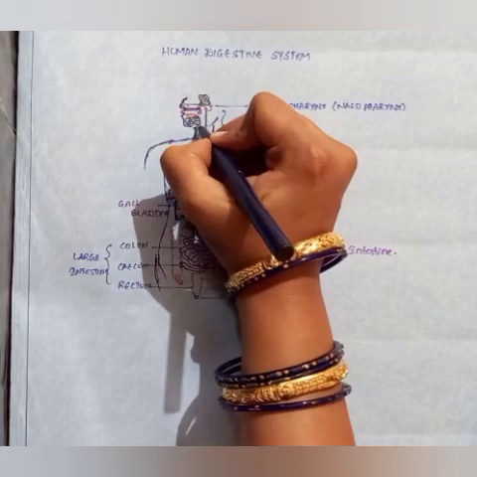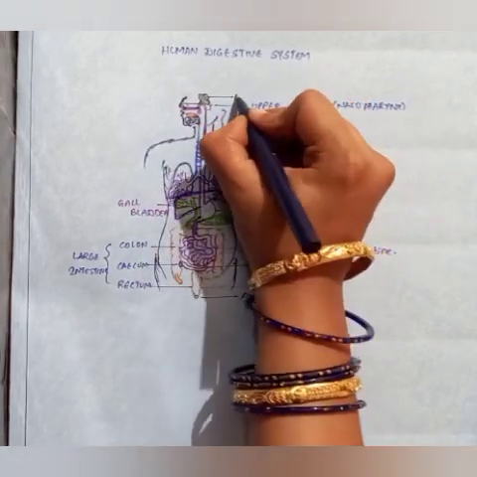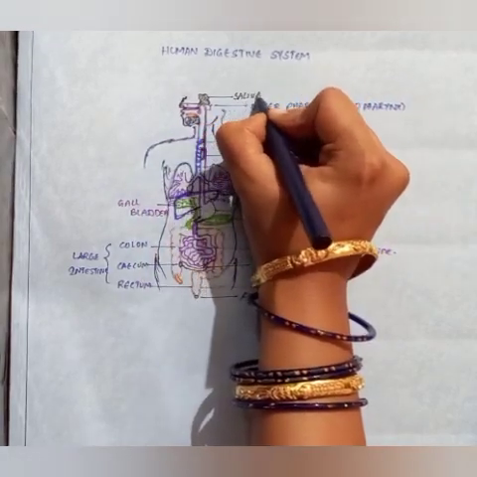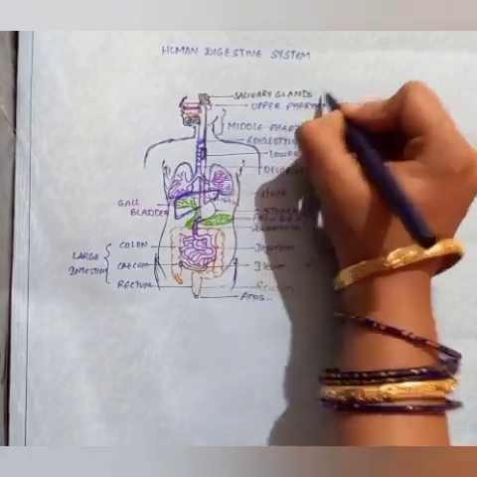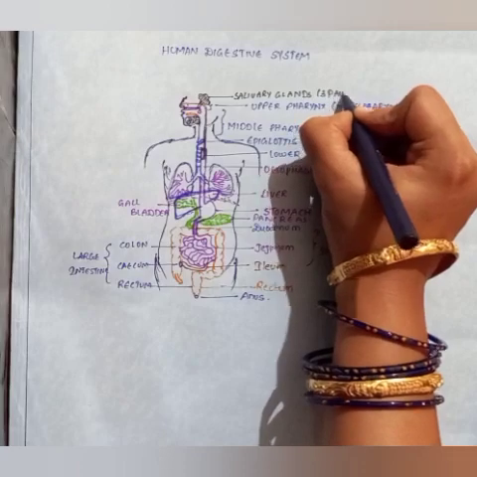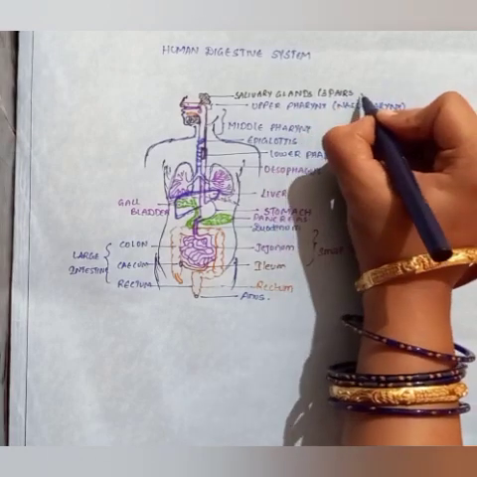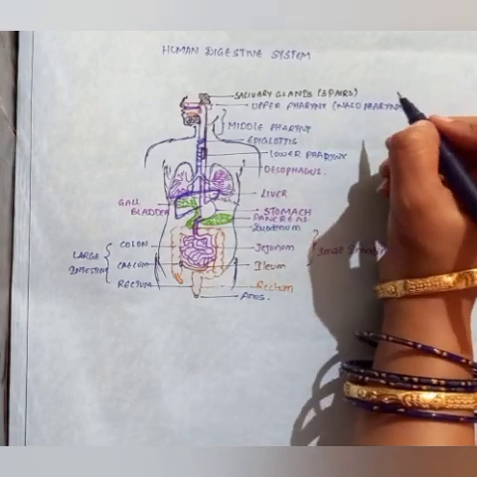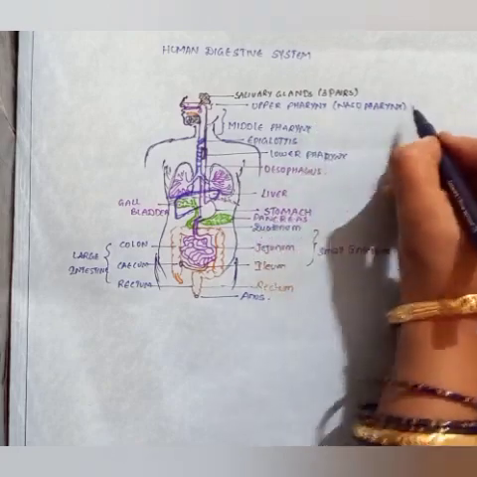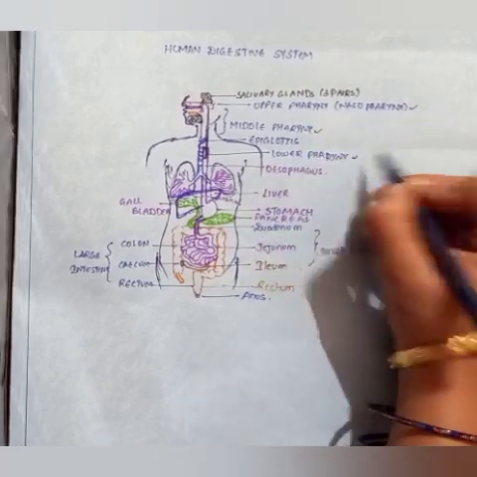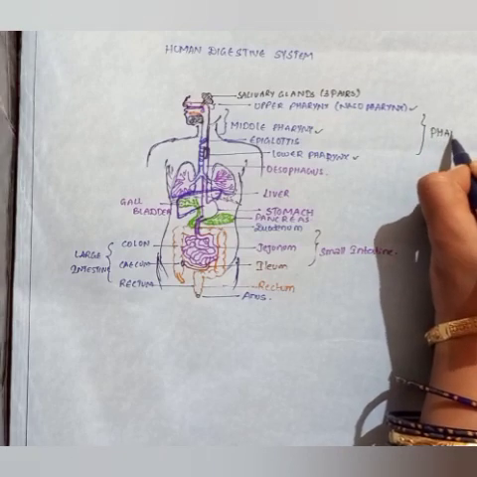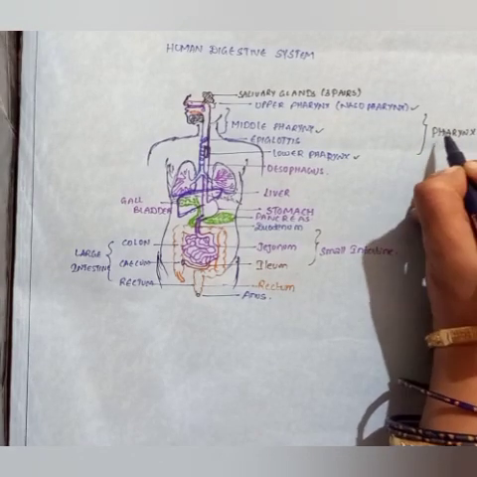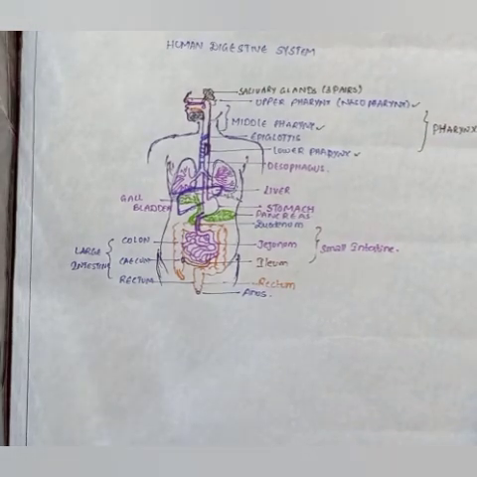You can highlight them like this and mention them as salivary glands. How many pairs of salivary glands? There are 3 pairs, 3 on one side, 3 on the other side. So total 6 you'll have. The upper, middle and lower pharynx together form the pharynx, right? So that is regarding the digestive system of human beings.